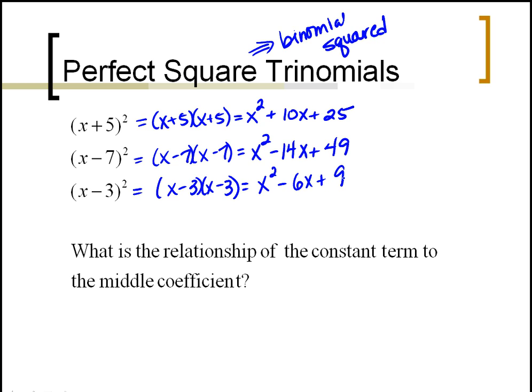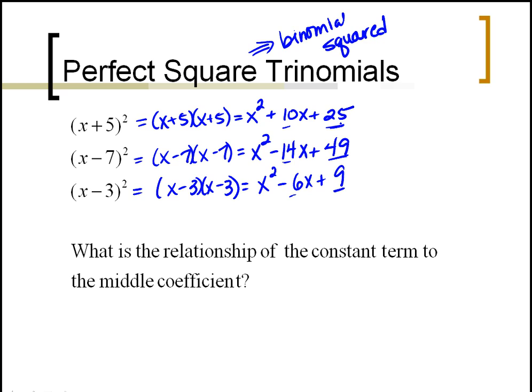So the thing to note here is how can we determine this constant term from this coefficient of x? First, notice that the last sign in a perfect square trinomial is always positive. And then the question is, if I know 10, how can I get 25? Or if I know 14, how can I get 49? If I know 6, how can I get 9?